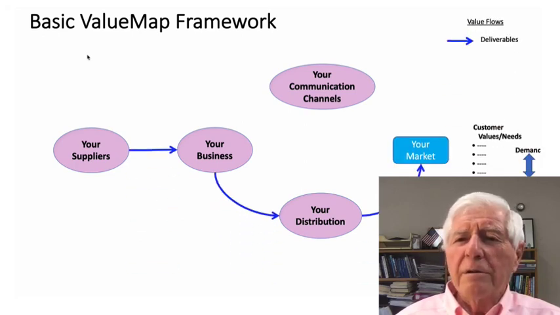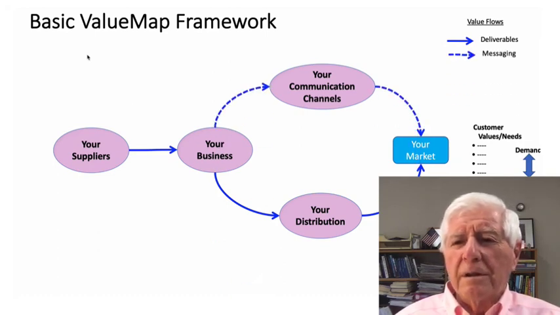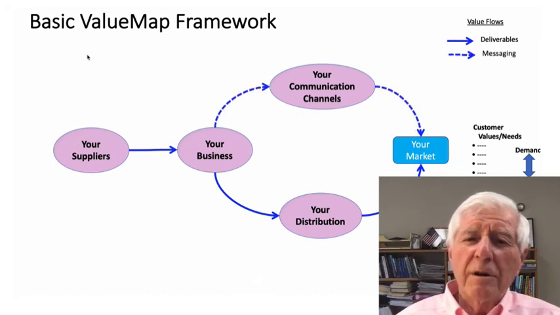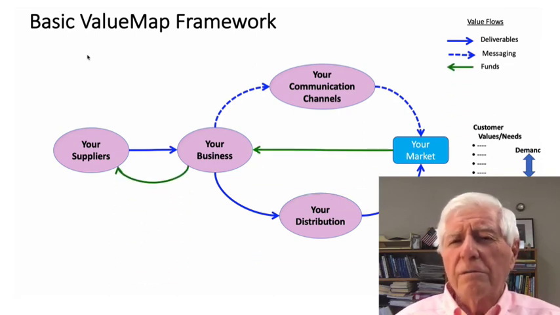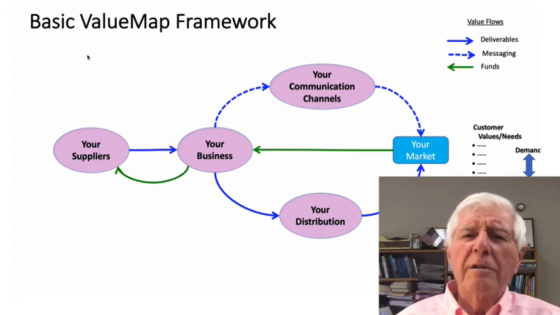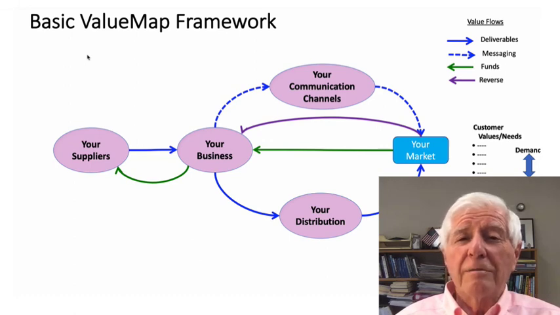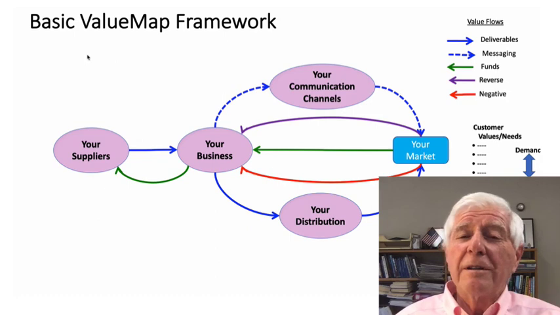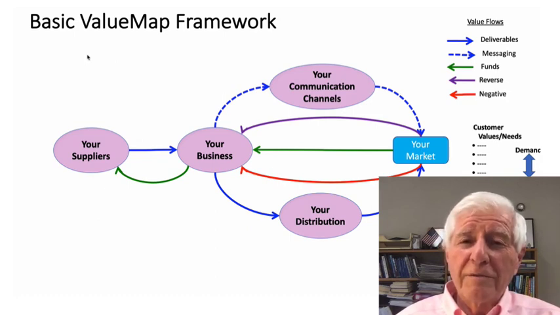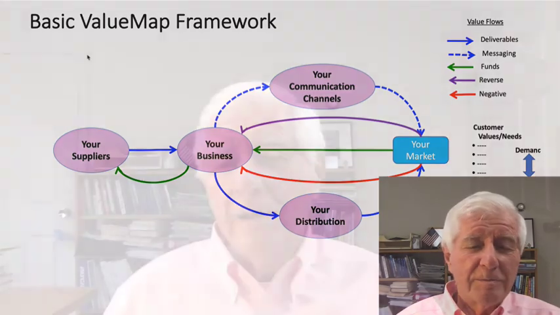And now we come to your flows, the deliverable value flows, the messaging that we talked about through your communications channel, the funds flow when payment is made to the value received, the reverse values that come from the market, and the dreaded negative values that you hope are not going to be significant in your business.